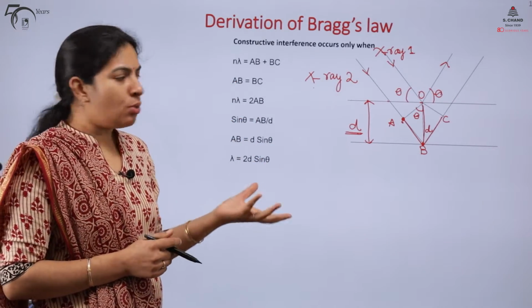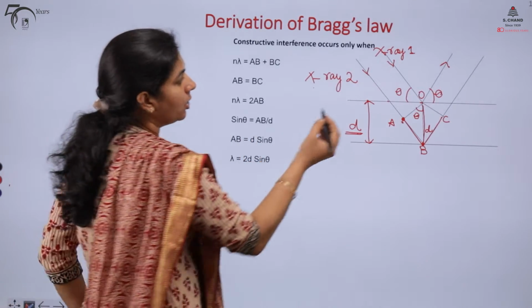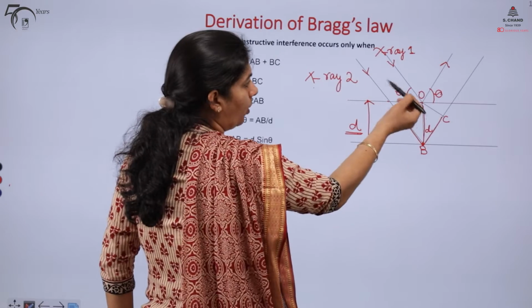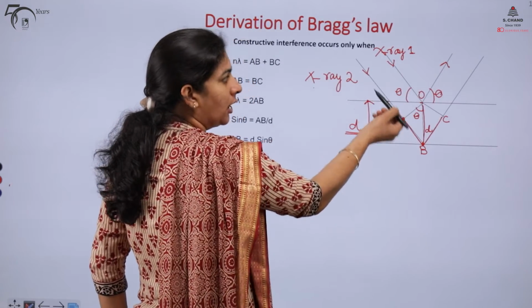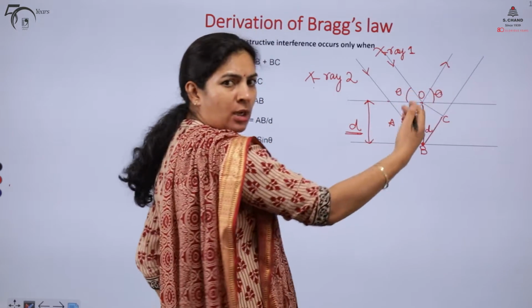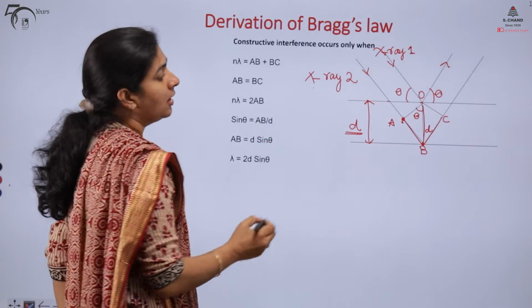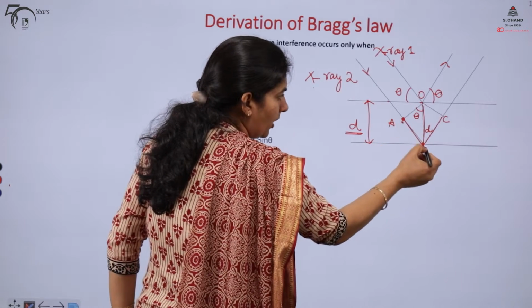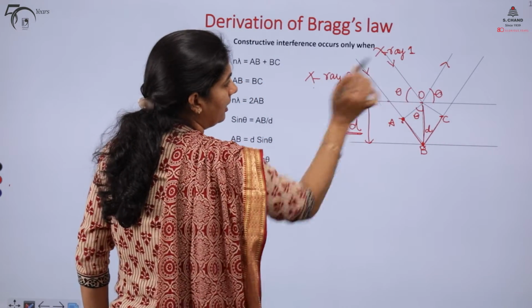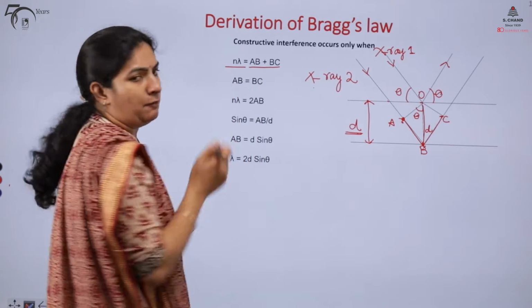So the simple rules of optics suggest that in order to have these two rays in phase with each other, so if ray 1 and 2, as they were in phase when they were falling on the crystal, should be reflected also in the same manner, like they should be in phase, then the path length which they cover in addition to ray 1 should be an integral multiple of the wavelength.